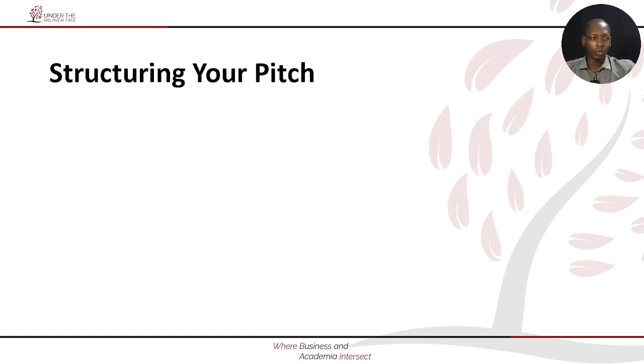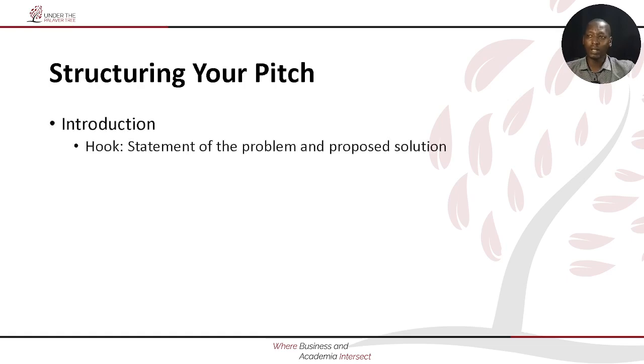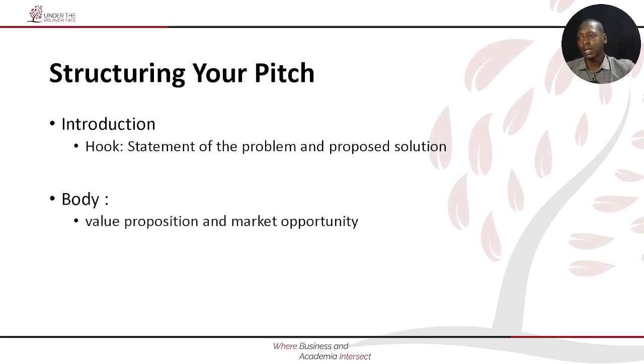And so when you are structuring your pitch, I want you basically to have an introduction with a hook where you are going to state your problem and you are going to state the proposed solution in as clear a manner and as simple a manner as you can. Then you are going to have a body in which you'll talk about the value proposition, what it is that you propose, what makes you different from other products on the market, what is the market opportunity, and of course, like I said, when it comes to market opportunity, we don't want to go macro like usually it would be done.